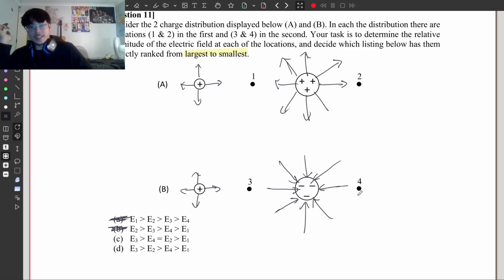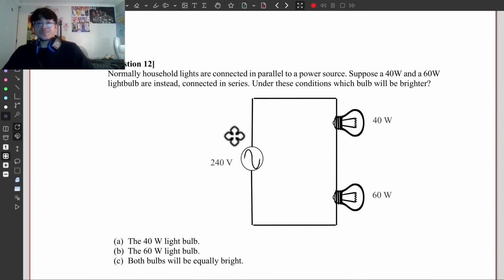You can see here they are in exactly the same scenarios, just different charges. So I'm going to say that it's C, where E3 is the biggest, and then E4 is equal to E2, and E1 is the weakest.